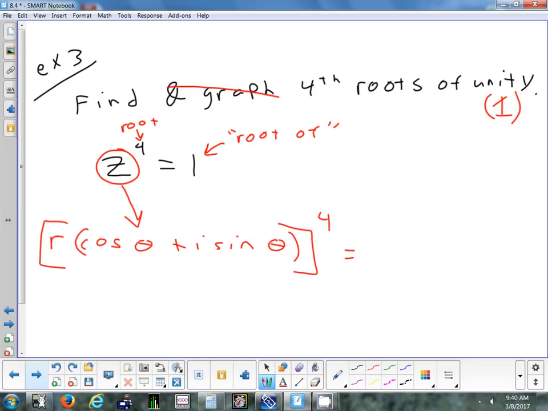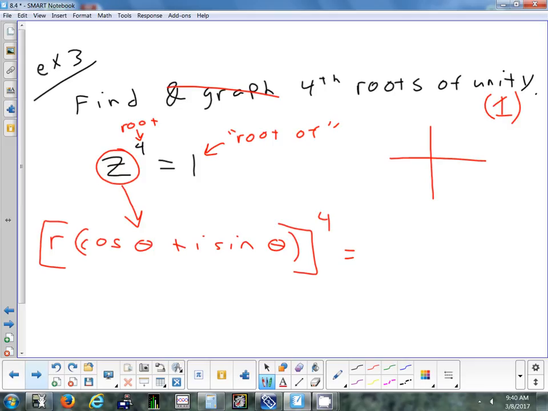But here's where we're going to get some numbers. On the other side, I have the number 1. That I can write in trig form. Let's convert the number 1 to trig form, just like we did in the homework last night. This is actually very easy to convert, because it's just a single number. When I graph the number 1, am I in a quadrant or on an axis?